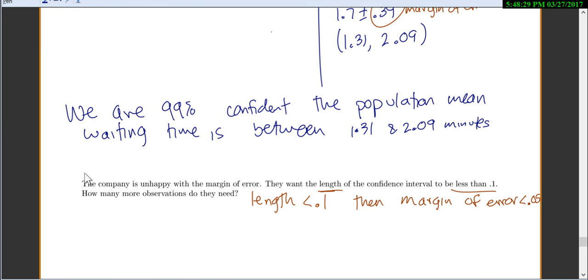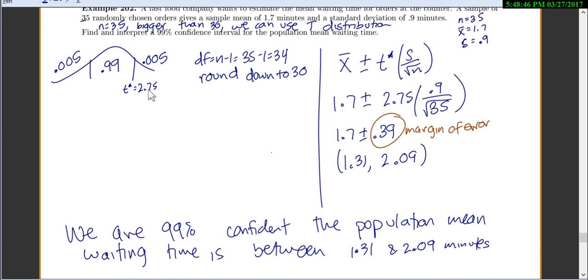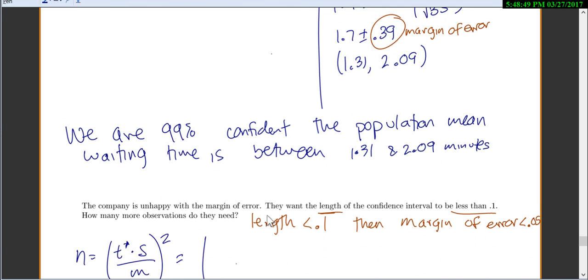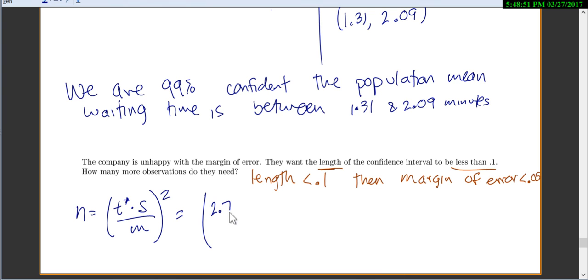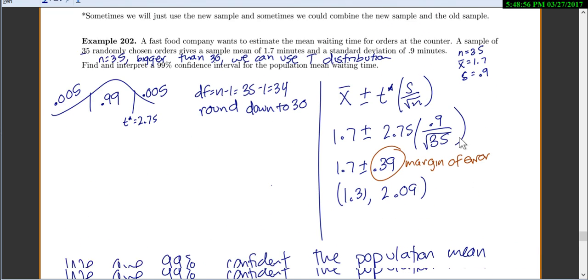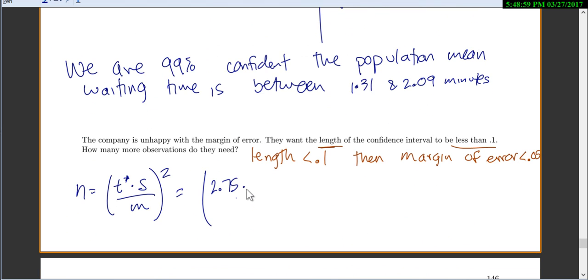So our formula to find a desired sample size is n equals (t star times s over m) squared. You can't forget the squared. Now all of these numbers we're just using from up above. We already found t star, so we'll use that one again, 2.75. s is our sample standard deviation, which up above we know is 0.9. And our desired margin of error is 0.05.